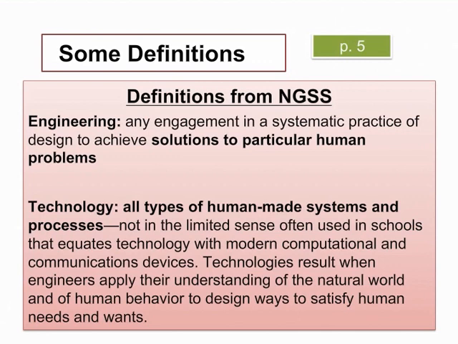We're talking about pencils and pens and clothing and all types of systems, right? Technologies result when engineers apply their understanding of the natural world and of human behavior to design ways to satisfy human needs and wants. So I would pause the video and take a couple minutes just to skim over some of the definitions that are on page 5 in your handbook.